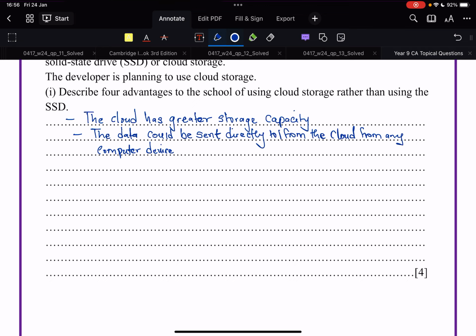Unlike the SSD that is just on one computer, this person can send it to the cloud, a different computer can send it to the cloud, different personnel can send it to that cloud. So it makes it easy. Instead of having to get a backup, they can be anywhere, and they can actually send it to the cloud.